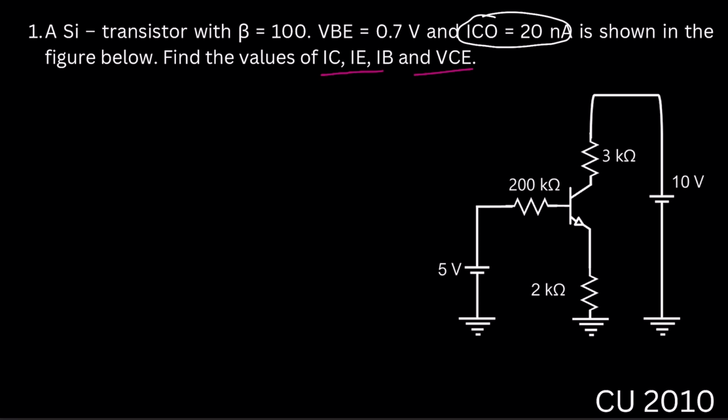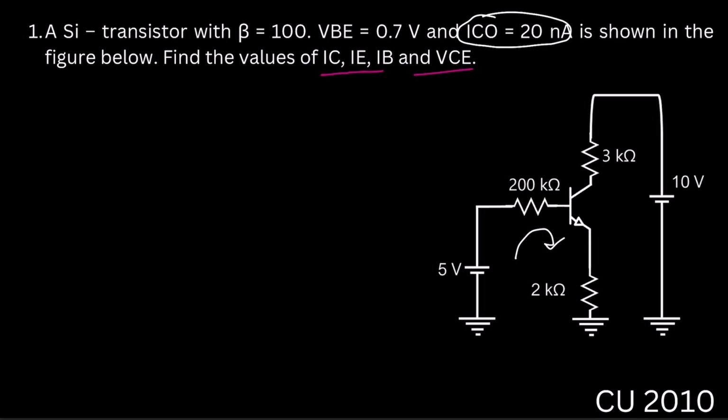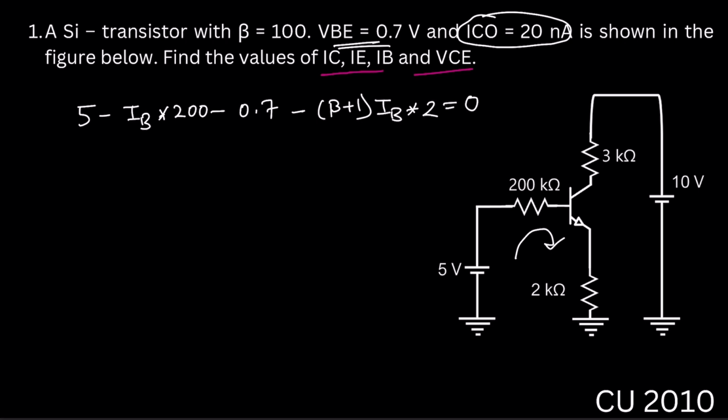If we do the KVL in the input loop, we can write 5 minus IB into 200K minus 0.7, which is VB, minus beta plus 1 into IB into 2 kilo ohm, the RE, is equal to 0.